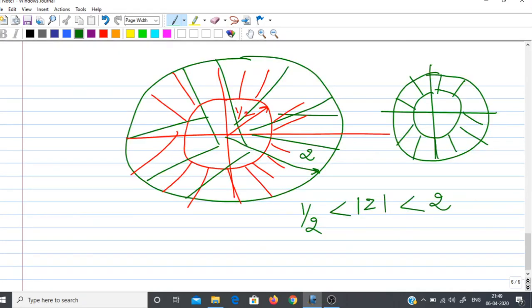Now what happens if alpha is greater than 1? Let's say alpha is 2, for the sake of simplicity. What would be our Z transform in this case? I first write X(z).